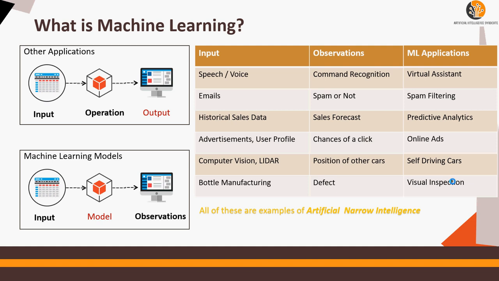It cannot be a Terminator type of movie wherein it can do everything from riding a bicycle or a motorcycle to driving a car or flying a plane. It cannot do everything. So all the applications which you see today are artificial narrow intelligence examples.